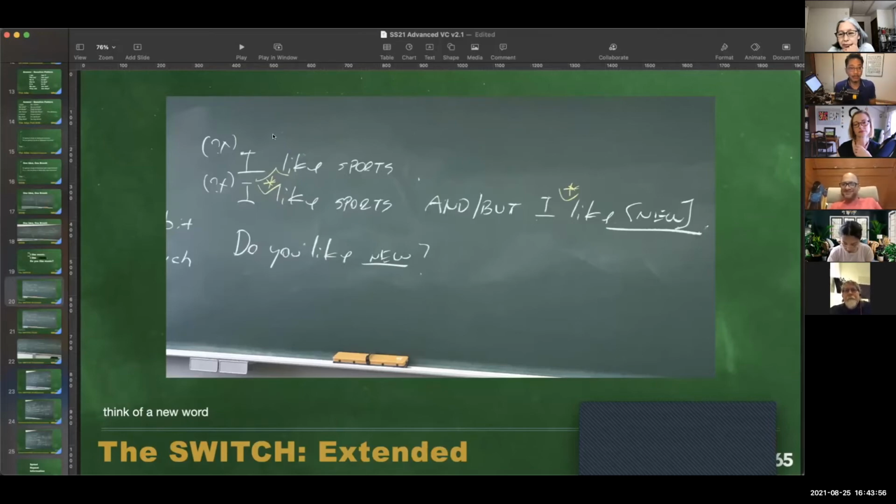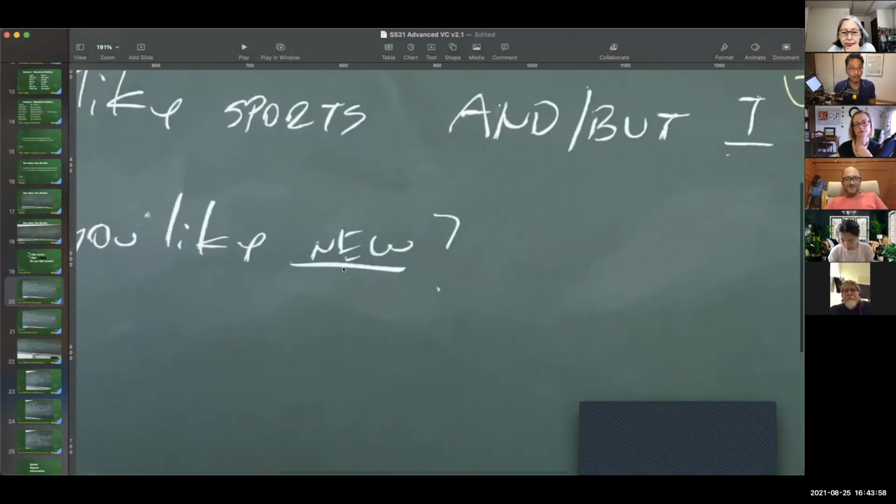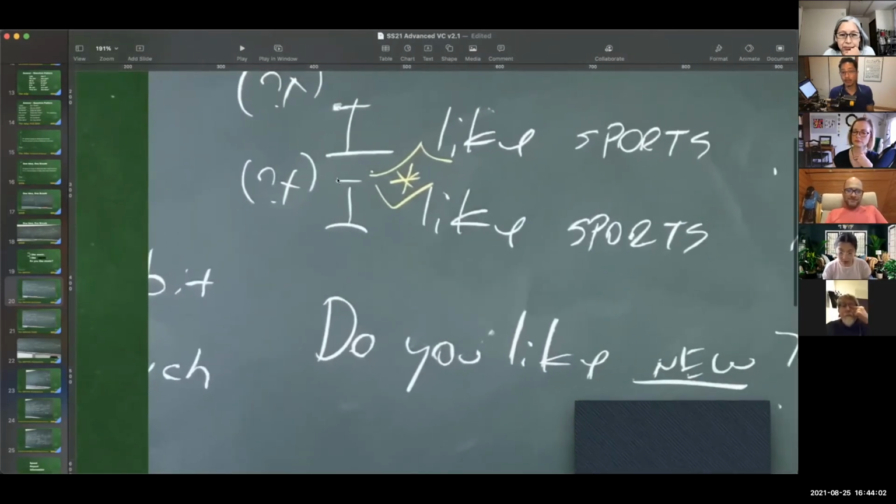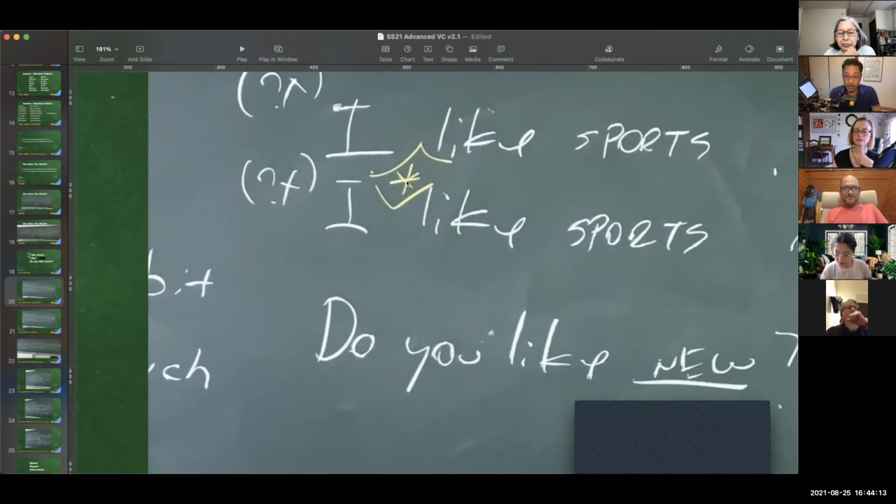So basically the exercise would look more like this, okay? Don't worry about the "and"s and "but"s, okay? That asterisk is where you would put in the "don't", if it is something that you feel is the truth. If you don't like sports, and even the new word that you came up with is something that for some reason you don't like, but it was the first word that you came up with, then you say, I don't like sports.